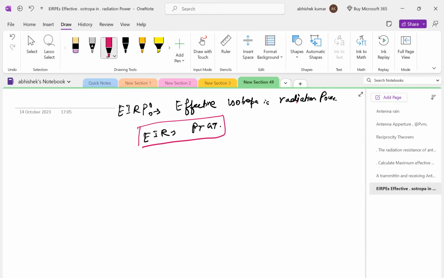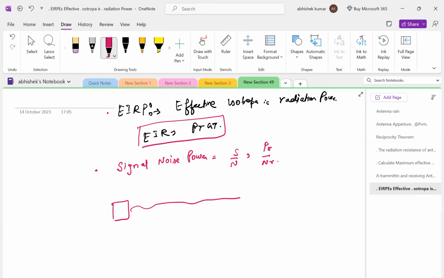One is the EIRP, and one is signal to noise power, being equal to signal to noise ratio, the power received and noise received. Because when you send a signal from a transmitter to a receiver antenna, with the power you will also receive noise signal.